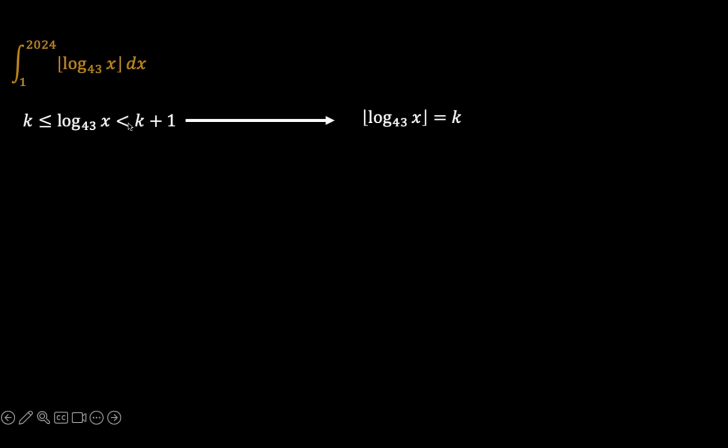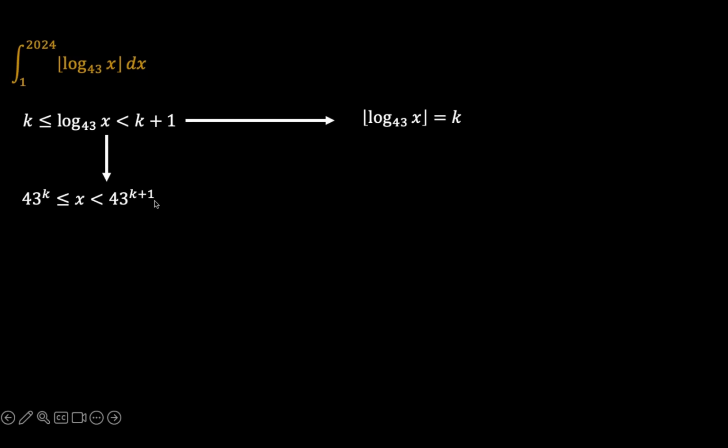Now, what does it mean for x? That means that in that interval, x is greater or equal to 43 to the power k, integer k, and less than 43 to the power k plus 1.